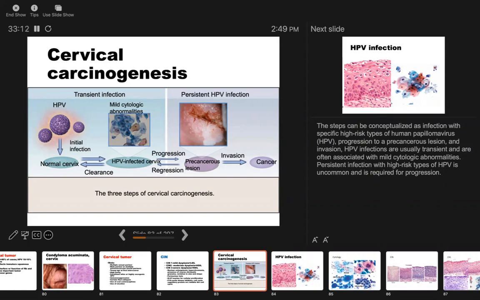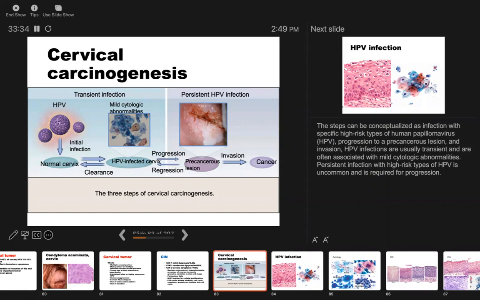HPV cannot infect the mature squamous epithelium that covers the ectocervix, vagina, or vulva. Take note that damage to the surface epithelium is important, because it allows the virus to access the immature cells in the basal layer.